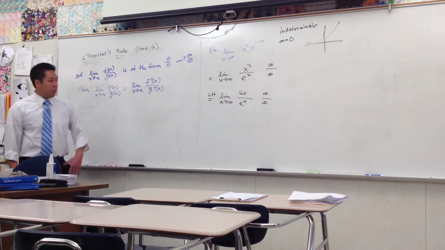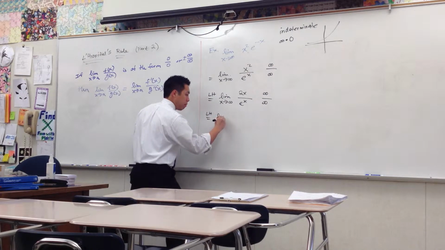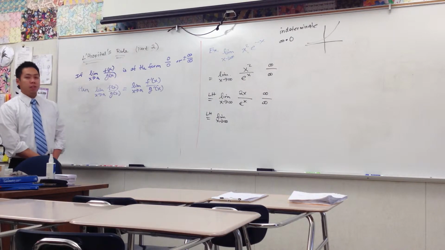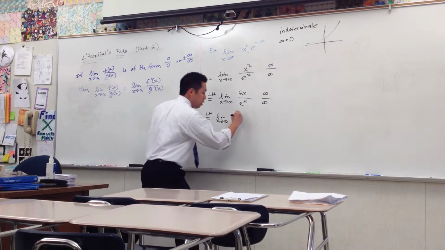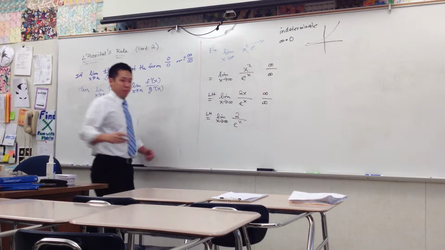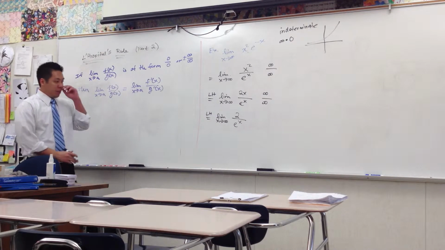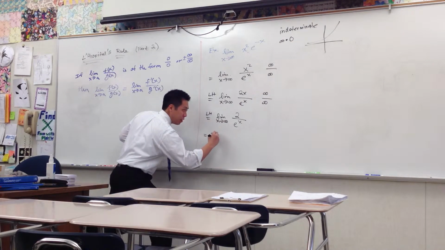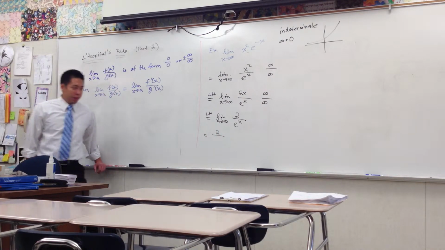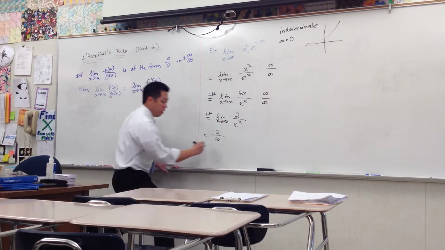Do L'Hopital's rule again. Derivative on top, 2. Derivative on the bottom, e to the x. Now try it again. Plug in infinity again. On top you don't have anything to plug in. On the bottom, it's infinity. So 2 divided by infinity is 0.